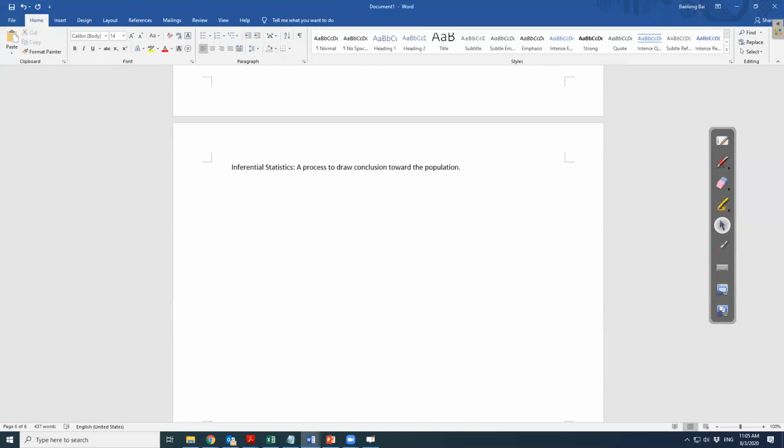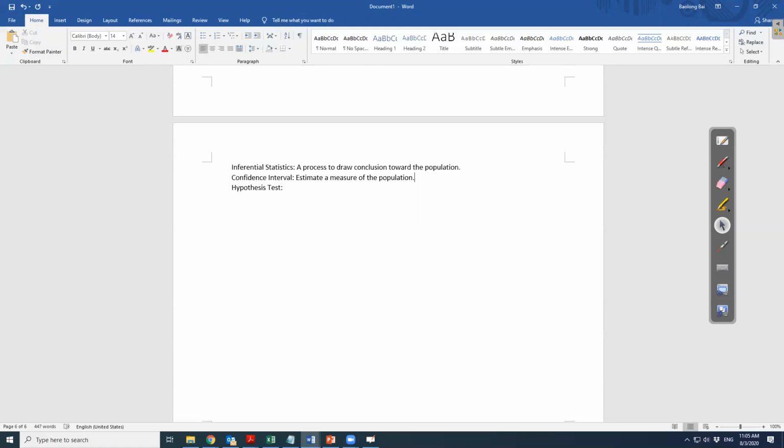In general, there are two types of inferences. One is confidence interval. One is hypothesis test. We went through both of them, and they have different purposes. In confidence interval, we are trying to estimate a measure of the population.